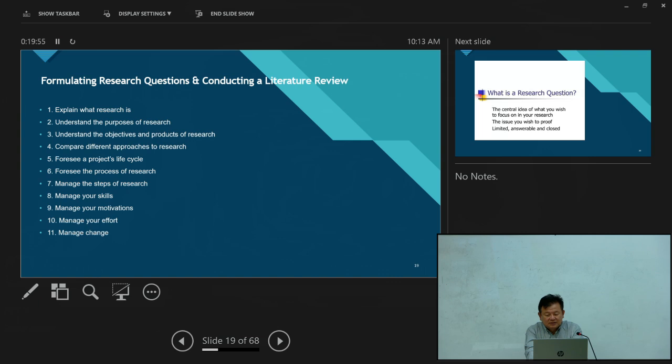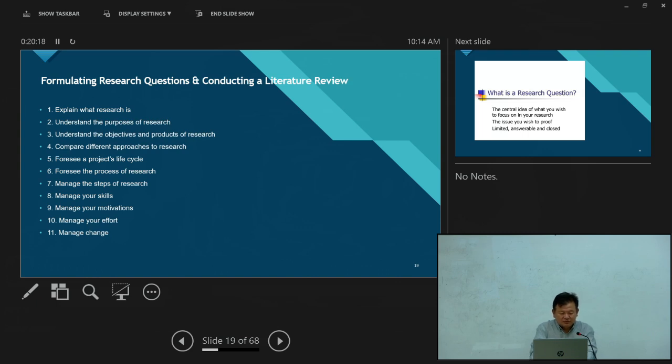It means forecasting, which is very important for reading the future. The research questions give forecasts and overviews, and also foresee the process of research.